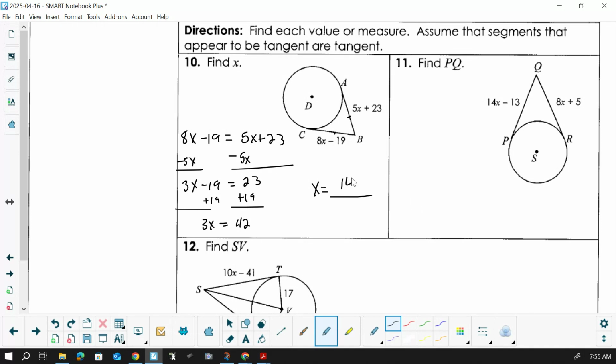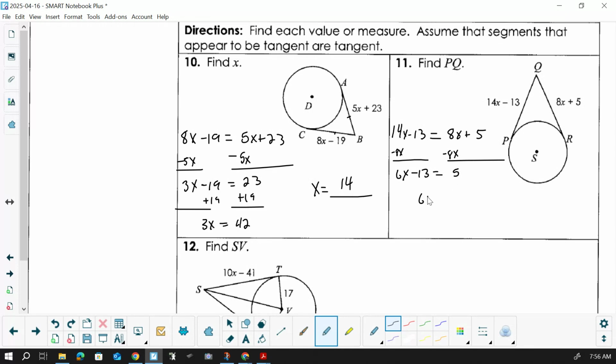That's right, 14. Okay. This one here, 14x minus 13 equals 8x plus 5. I would subtract the 8x first. 14 minus 8 is, what's that going to be, 6? 6x minus 13 equals 5.